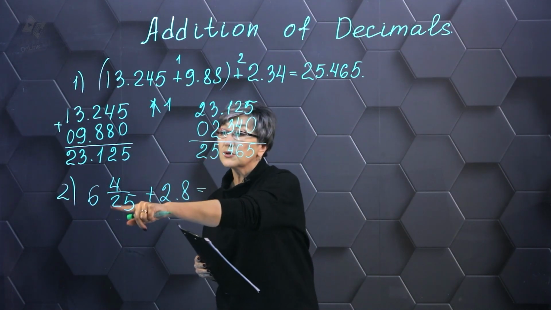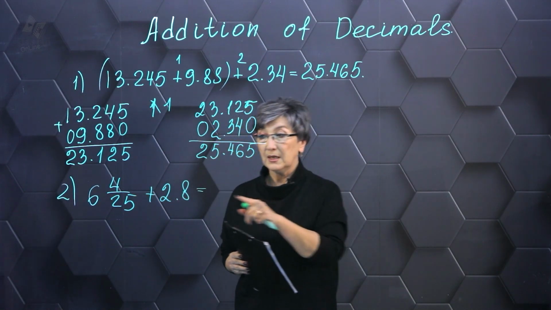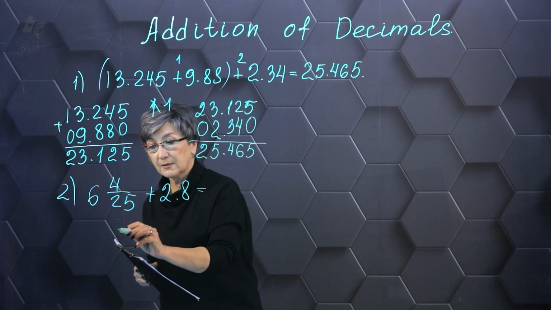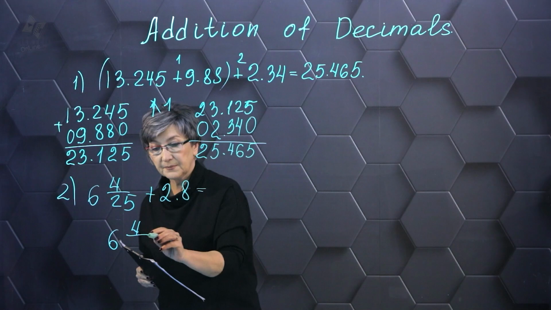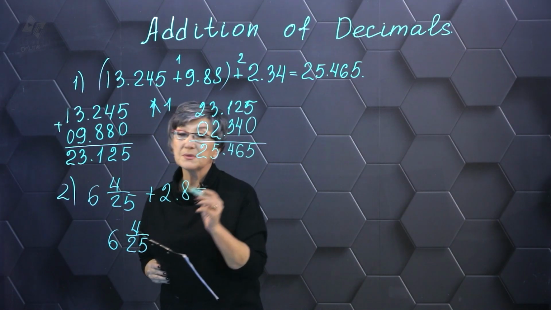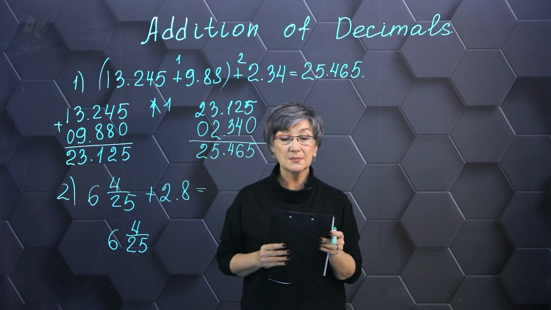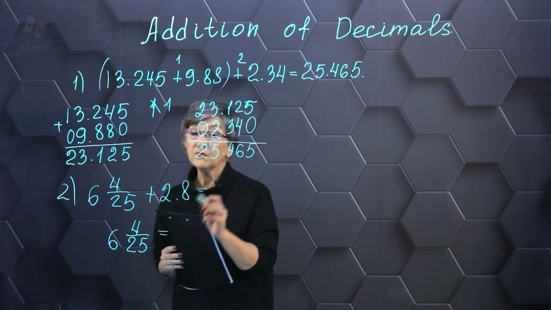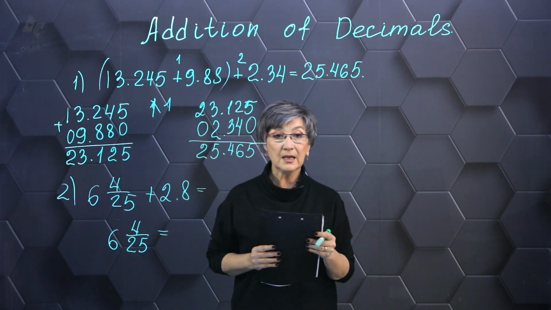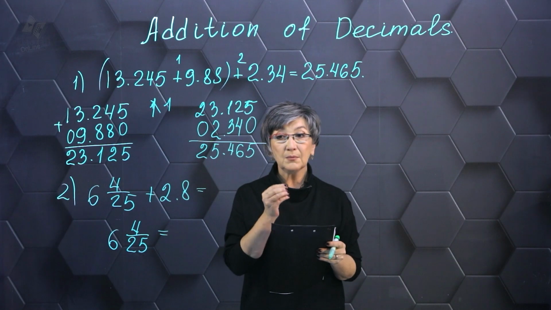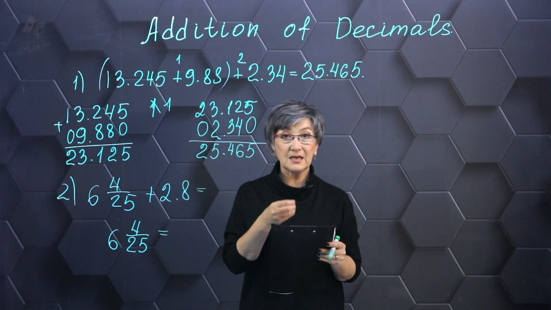So what I want to do in this example. I want this number 6 whole 4/25 I want to write it down as a decimal, remembering how to write a mixed number as a decimal. To do that, I need the denominator to be either 10 or 100, 1,000 and so on.